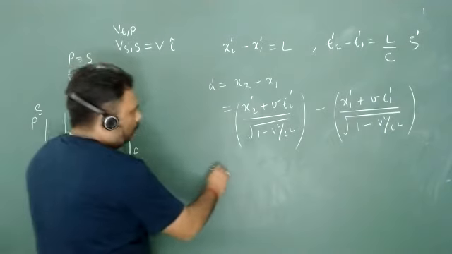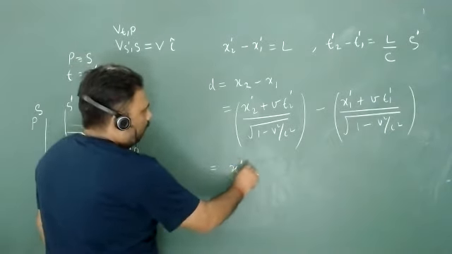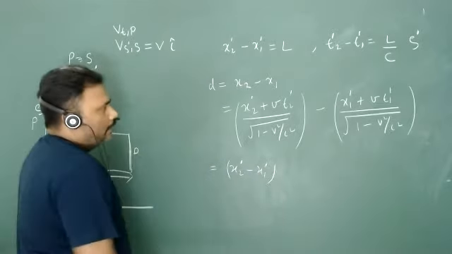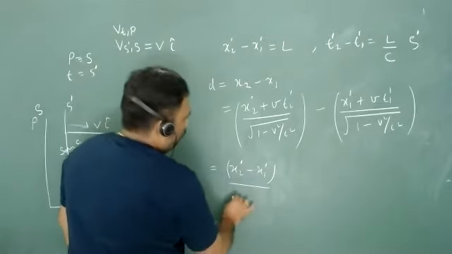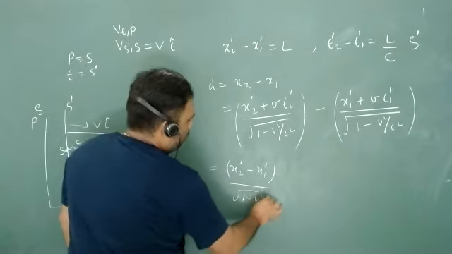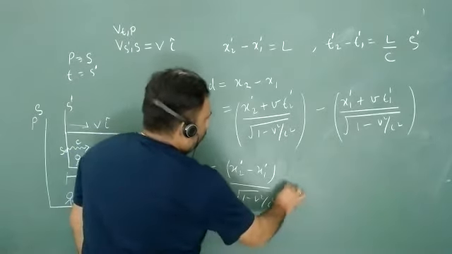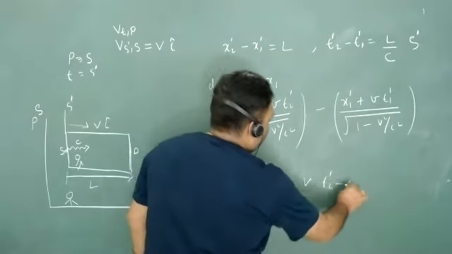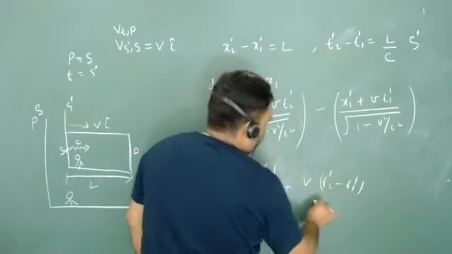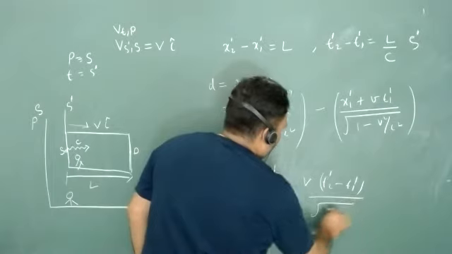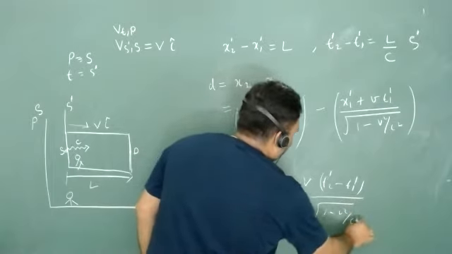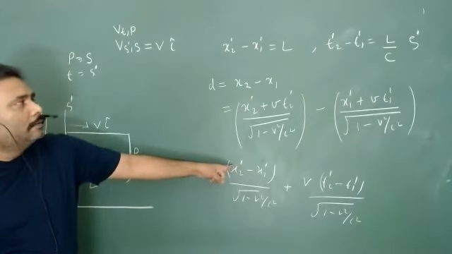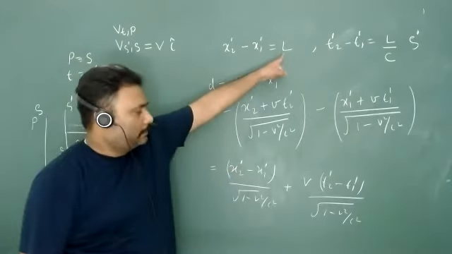This will be x2 dash minus x1 dash upon root under 1 minus v square upon c square, plus v into t2 dash minus t1 dash, upon root under 1 minus v square upon c square. What is x2 dash minus x1 dash? That is L.